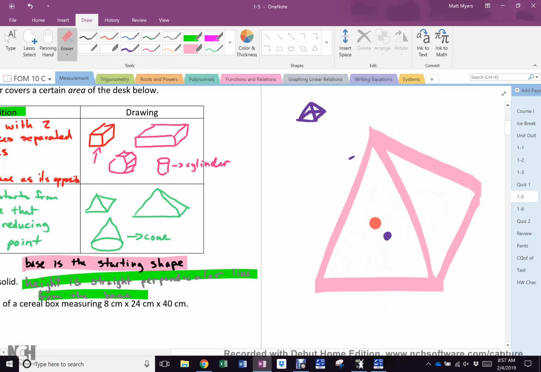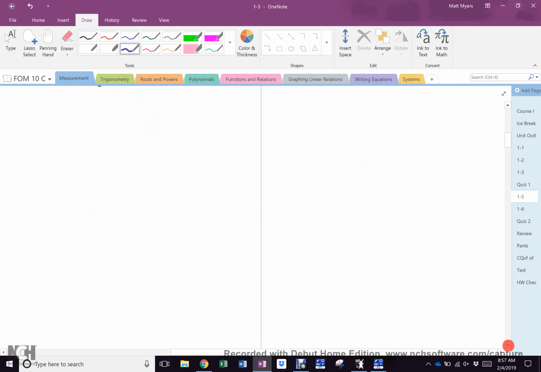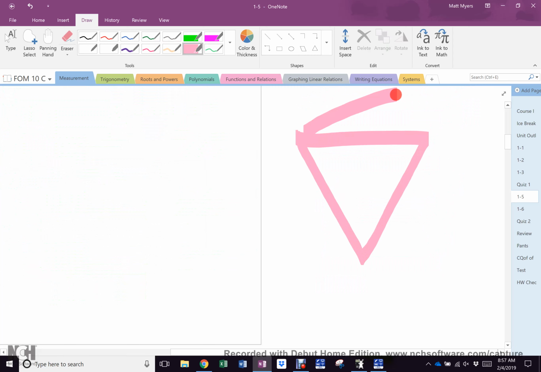Well, pyramids, for example, there's a pyramid at the very famous art museum in France called the Louvre. That pyramid looks like this.